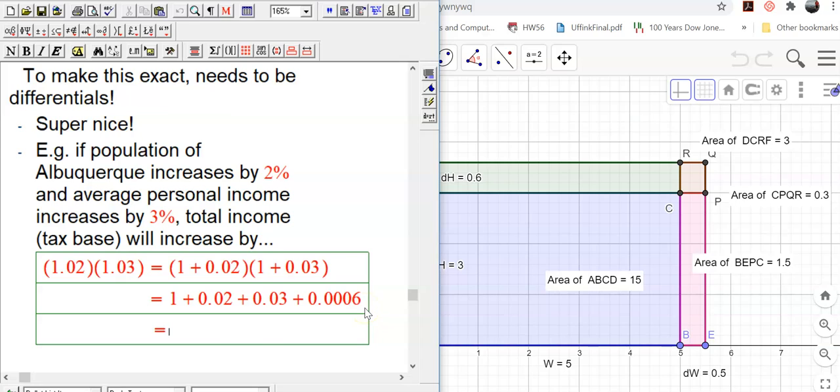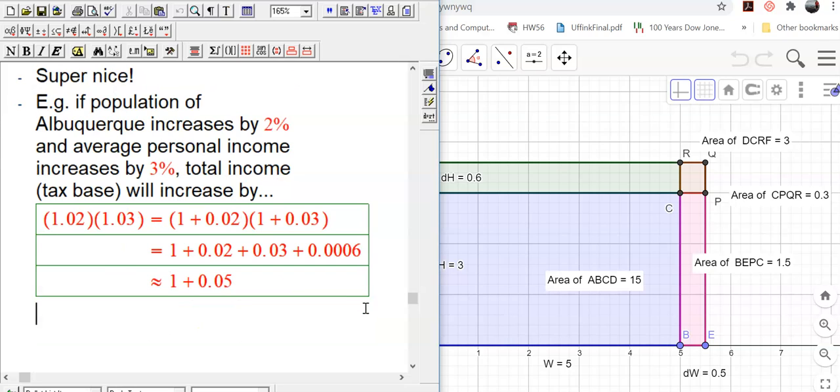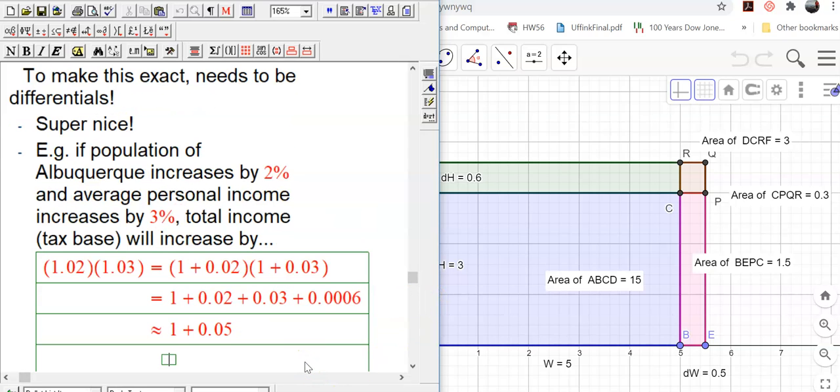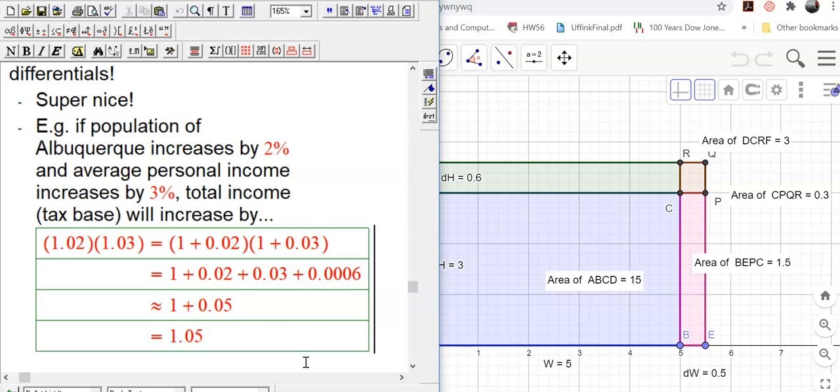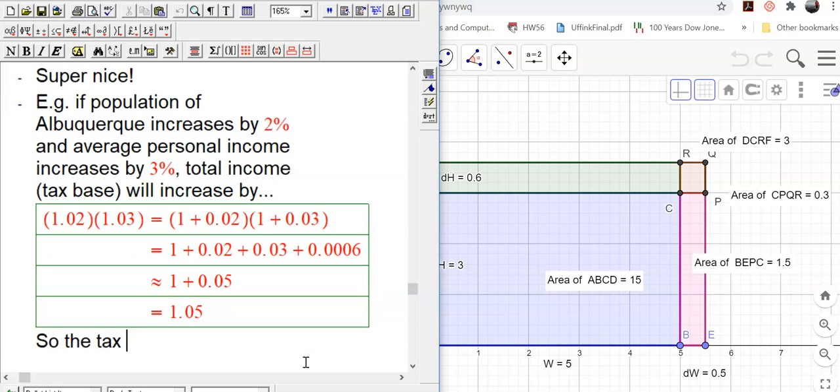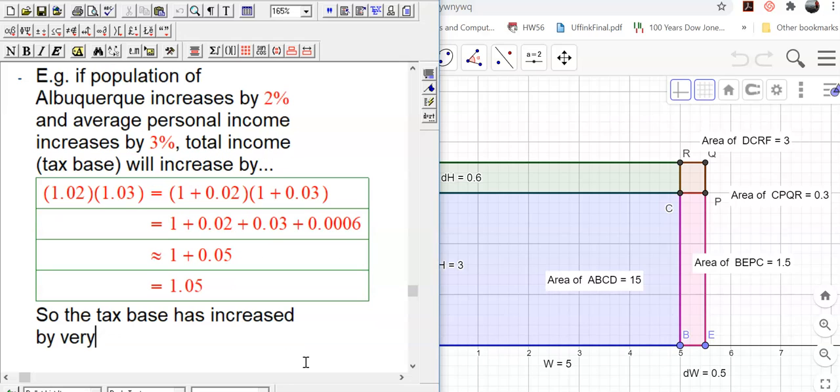And so it's multiplied by a factor of 1 plus, so approximately, I'm going to ignore that very, very small factor, 1.05. So the tax base has increased by very close to 5%, which was just the sum of those two numbers.